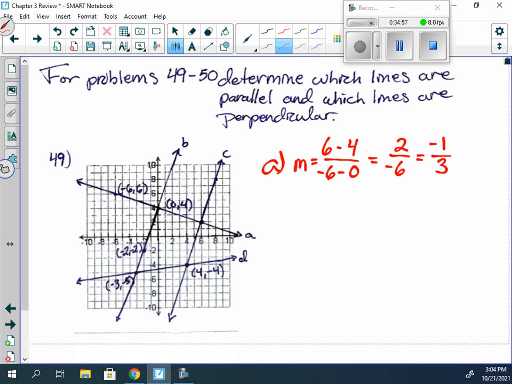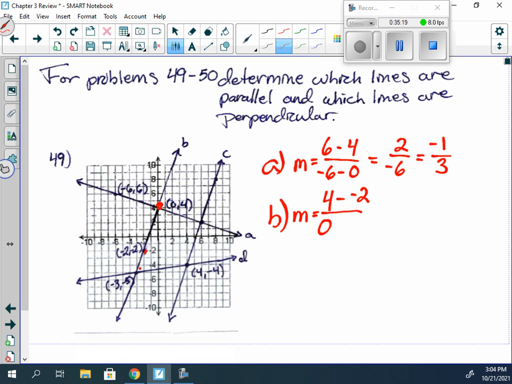Now we can move on to line B. Line B has 3 points, one at 4, 0, -2, 2, and -3, 5. We just need to pick 2 of them. It doesn't matter which. So I can say 4 minus negative 2.